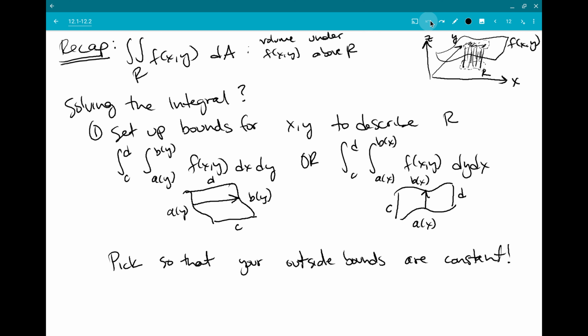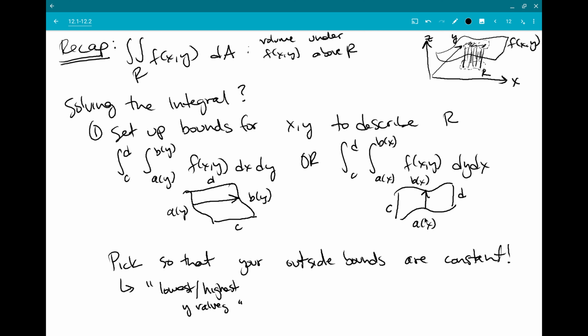And those outside bounds are, when you integrate with respect to x first, the lowest and highest y values if they're not constant.